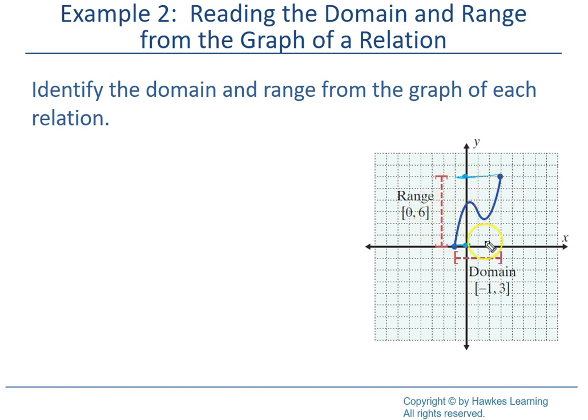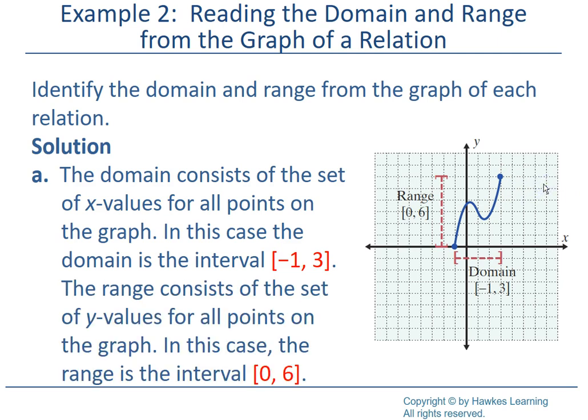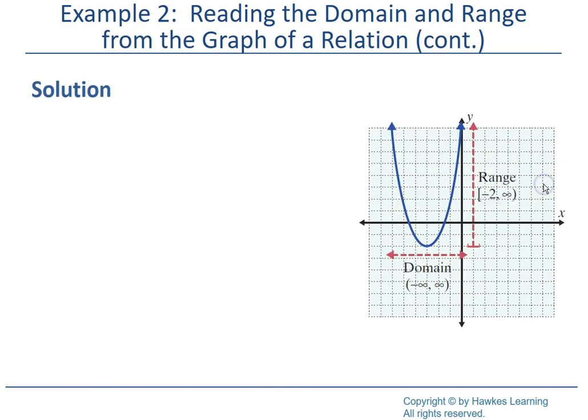So for something like this, when we want to plot the domain, or write it in interval notation, we project the graph down to the x-axis for the domain, and over to the y-axis for the range. Let's continue. And they're showing it to us here.